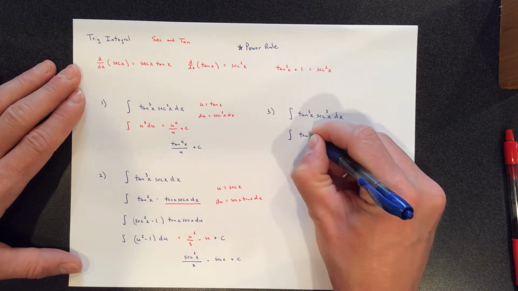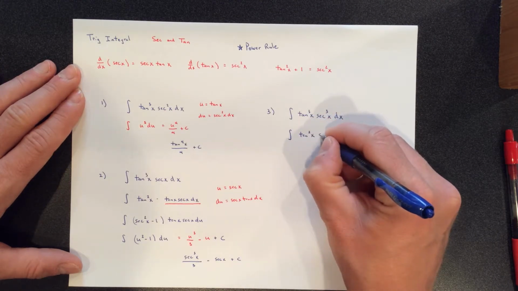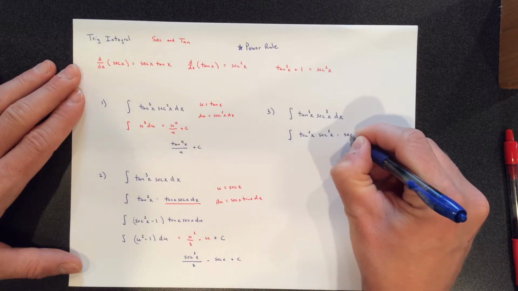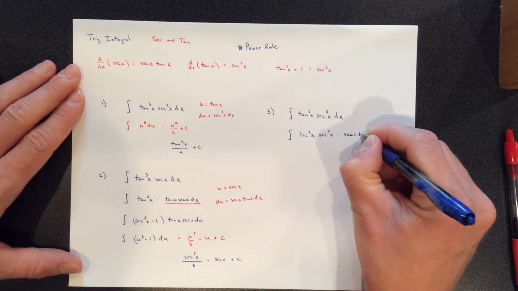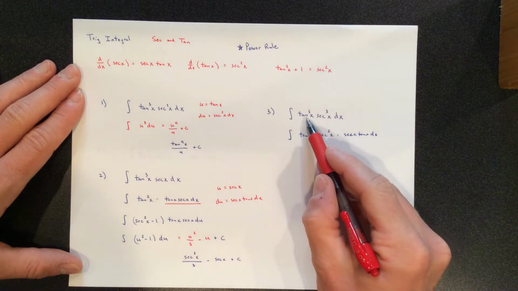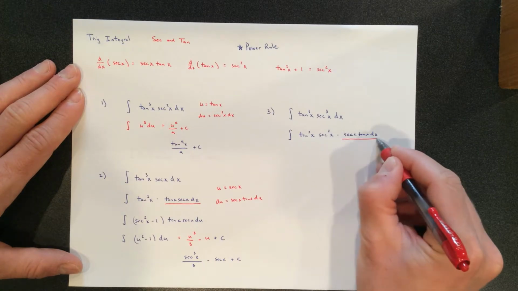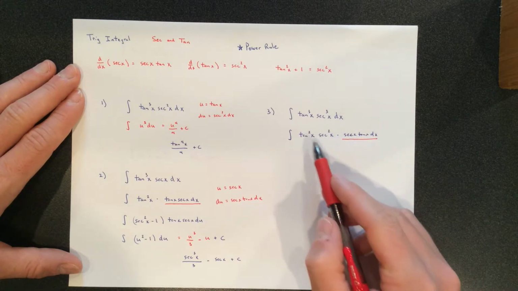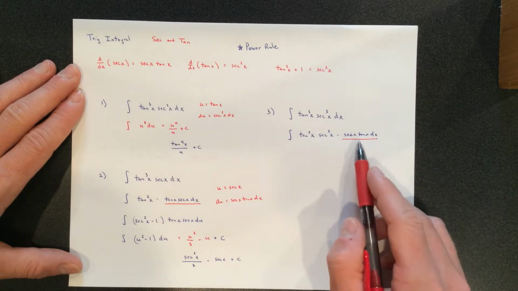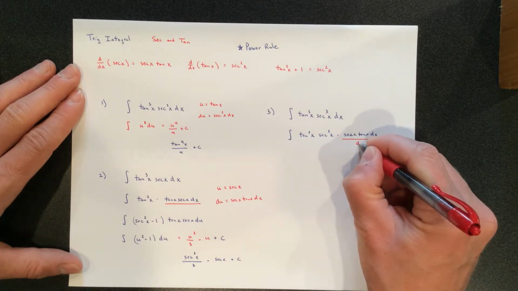Leave a tangent squared, leave a secant squared, and then what we did was we factored out a secant and a tangent. We ripped off a tangent and a secant, put them off to the side, and we're left with tangent squared and secant squared. If we rip this off, we're anticipating this being our du.